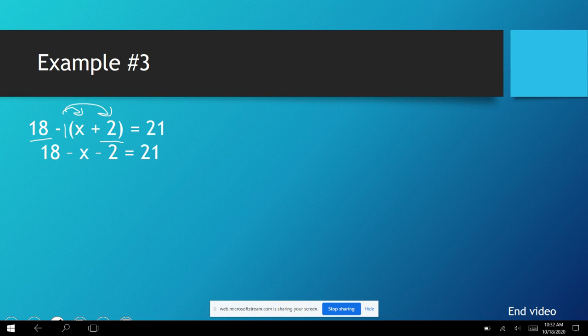We see we have 18 minus x minus 2. Now we have two constants we can combine together. So 16 minus x equals 21. Subtract 16 from both sides, and then you do have to divide by that negative 1 to get x equals -5.